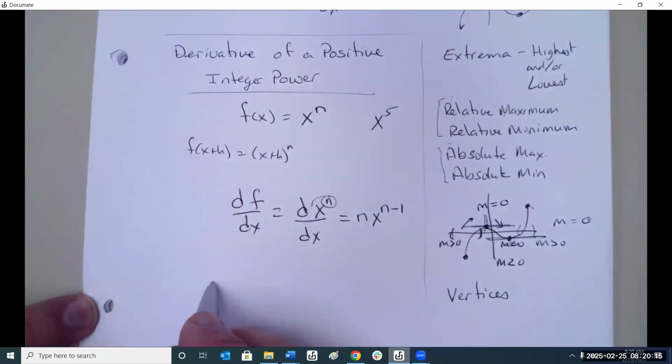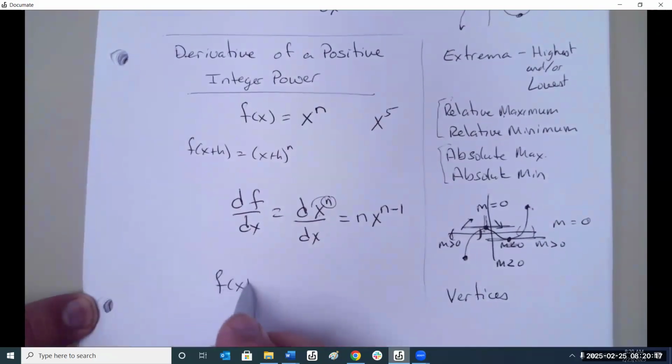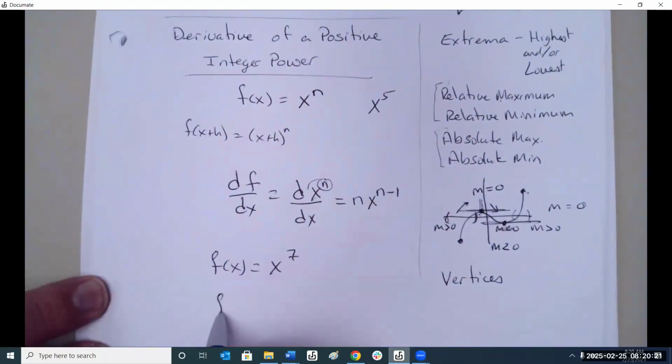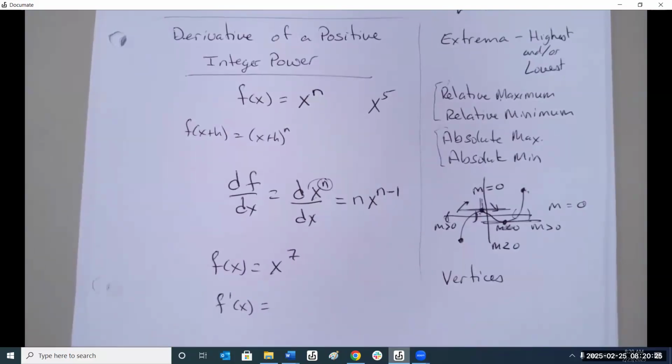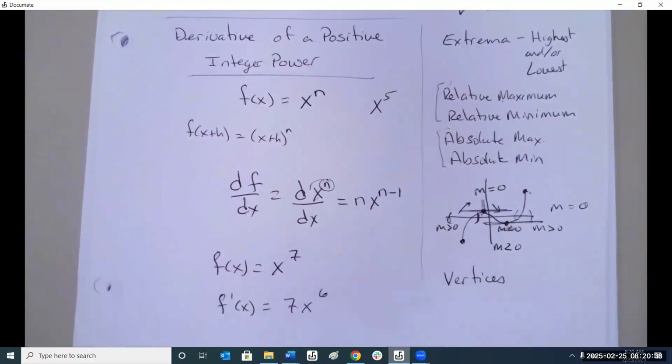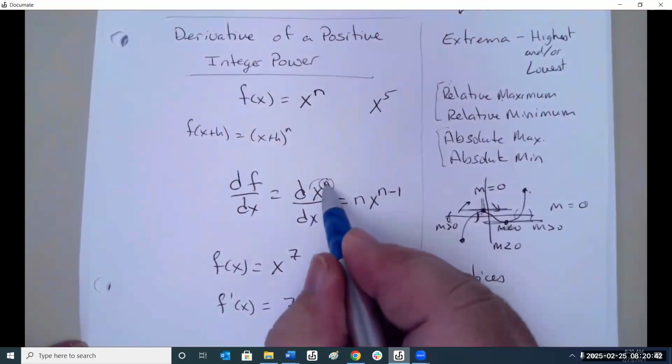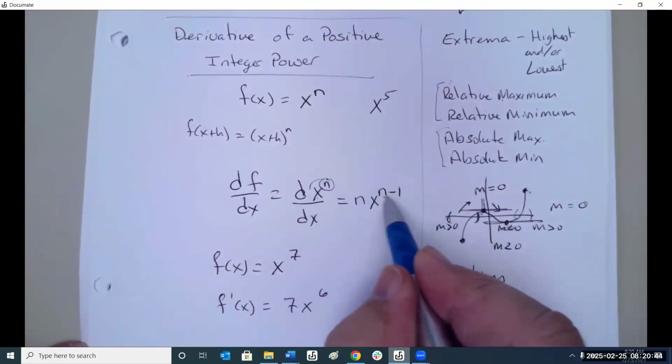So if I gave you f of x was x to the 7th, what is my first derivative? According to this rule, take the power, bring it out in front, and subtract 1.